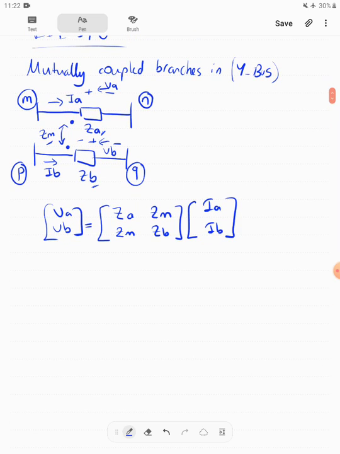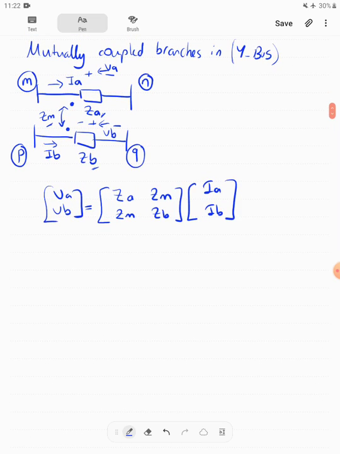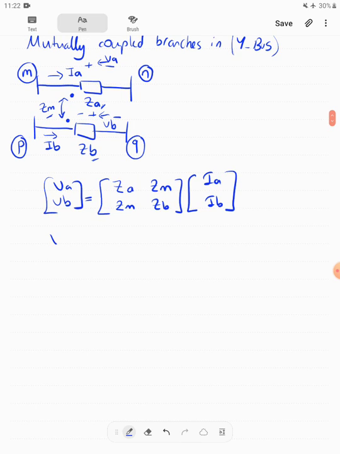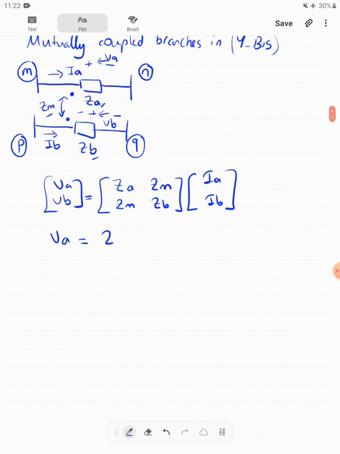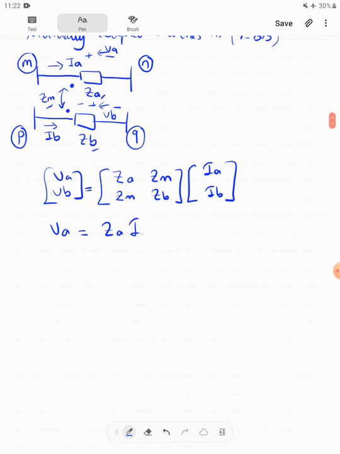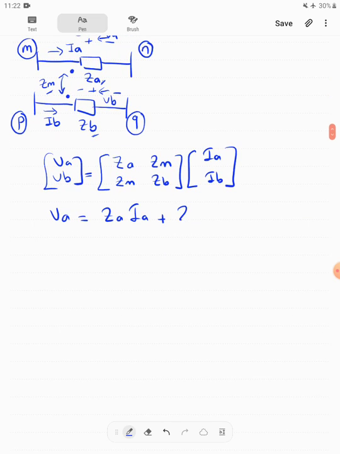How is this equation constructed? Let me write the first row equation. VA is equal to ZA IA plus ZM IB.